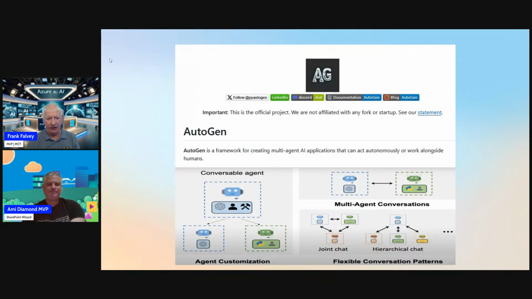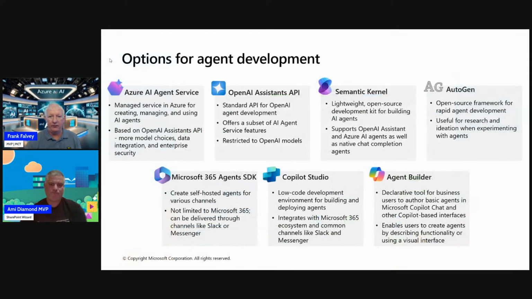Semantic Kernel and AutoGen are two open source ones, so they'd be easy enough. This is where the Semantic Kernel is, and the ones we're using there are Copilot Studio and the AI agent builder.